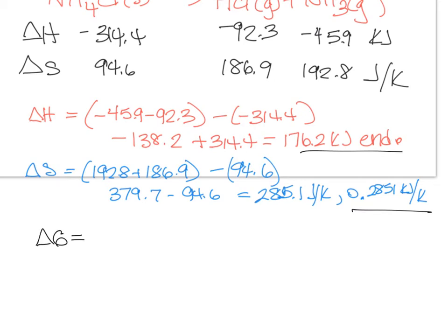Delta G is equal to 176.2 kilojoules minus 298 Kelvin times 0.2851 kilojoules per Kelvin.